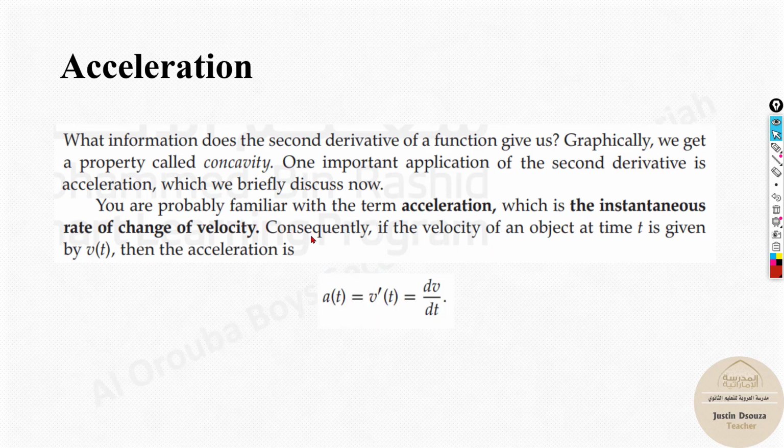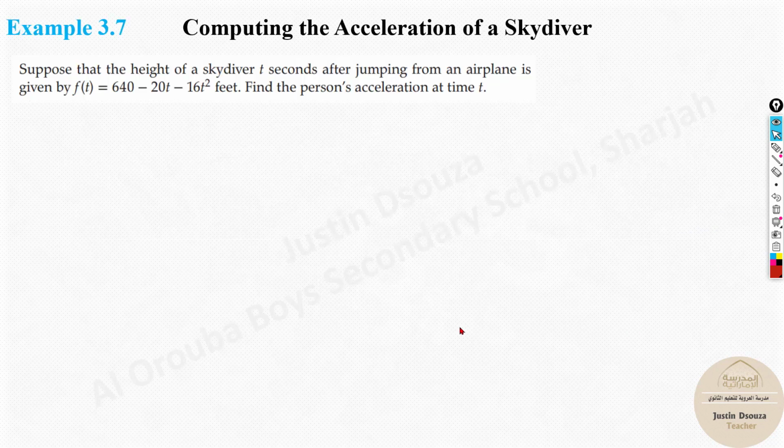We will see what it means. You can go through this later on. Now, how would you get acceleration? You need velocity. Derive velocity, you get acceleration. So whenever you have been given a velocity function, you basically derive that and then you find the acceleration.